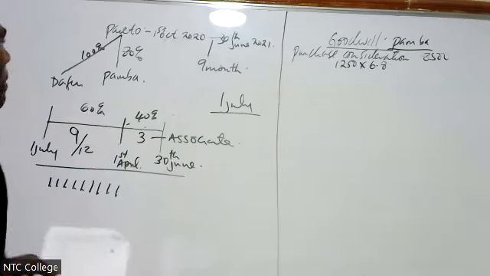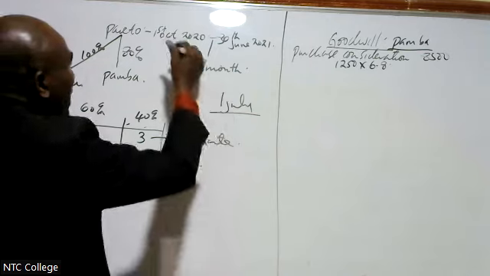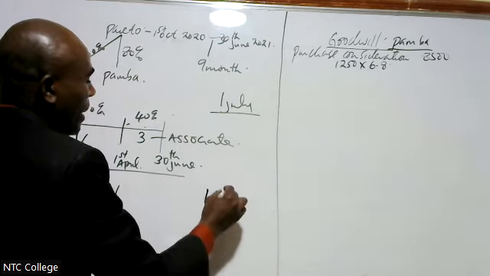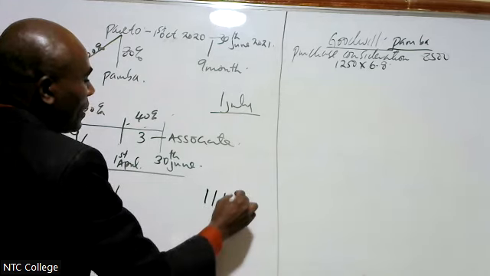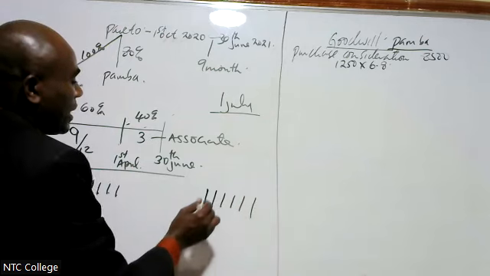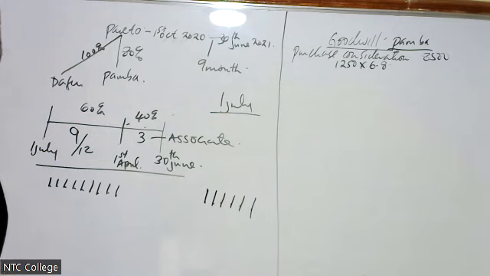But if we were disposing of Pamba Limited, that is when you can calculate. Even if it was Pamba Limited, we acquired it on 1st of October. Therefore, we count October, November, December, January, February, March. It was 1, 2, 3, 4, 5, 6.